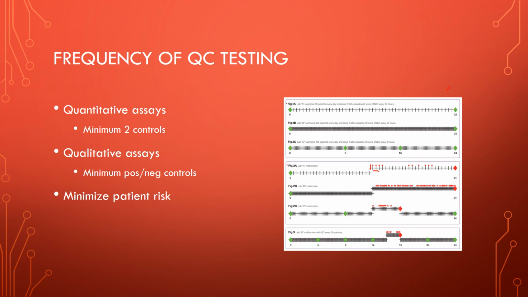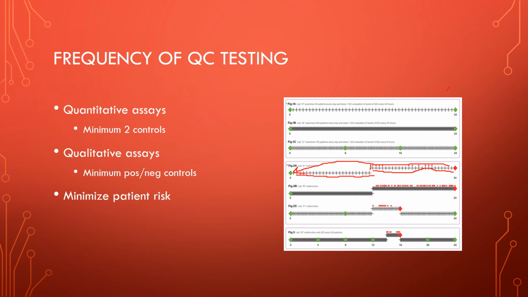That means all of these specimens have to be rerun because of the malfunction. We know that none of these are working properly, but in reality, you're going to have to run all of them because you have to go back to the last time QC worked.